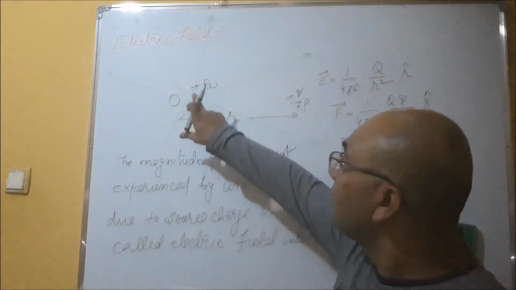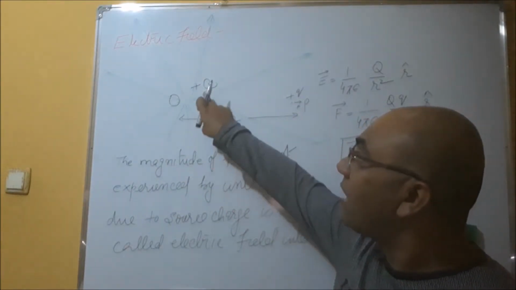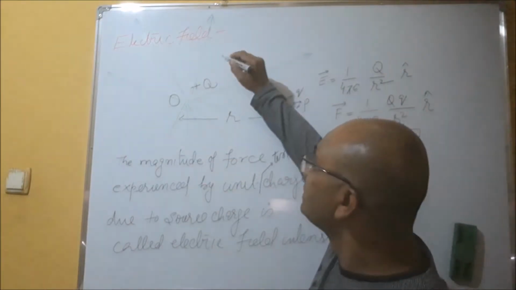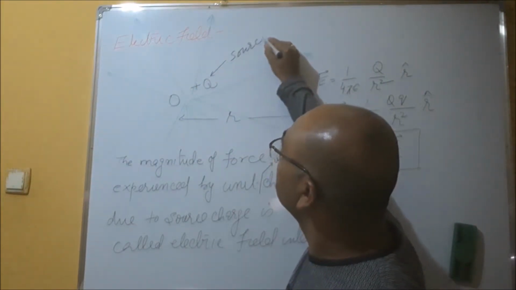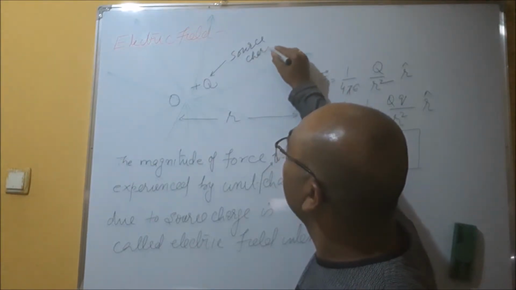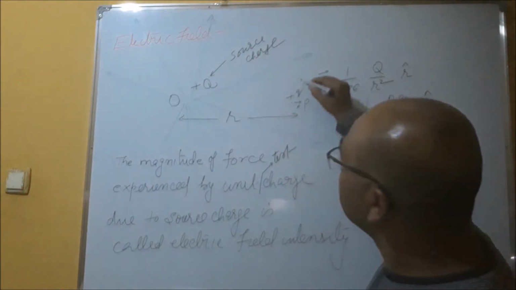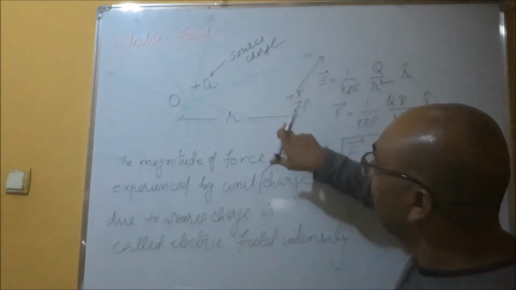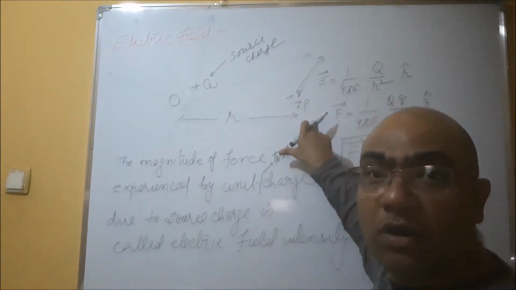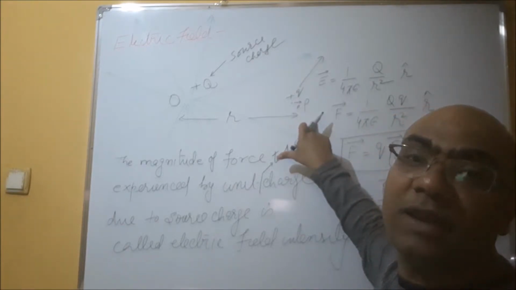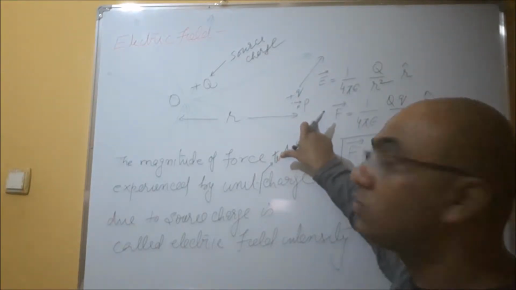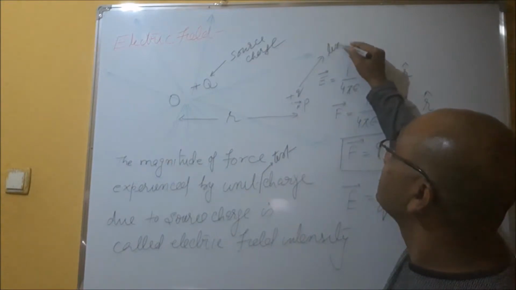Since these electric field lines are due to this plus Q, this plus Q is normally called the source charge, right? And this plus q is experiencing a force, or it is used to test the value of electric field in space. So this is called test charge.